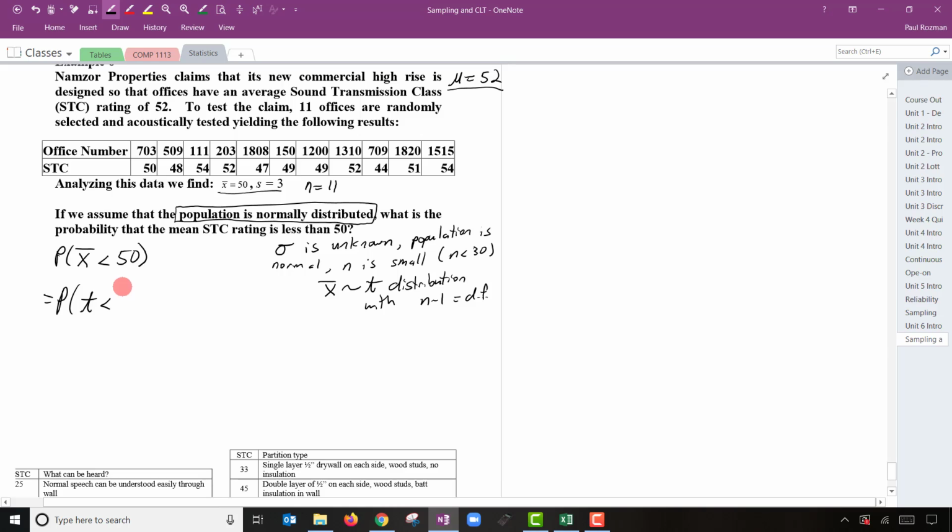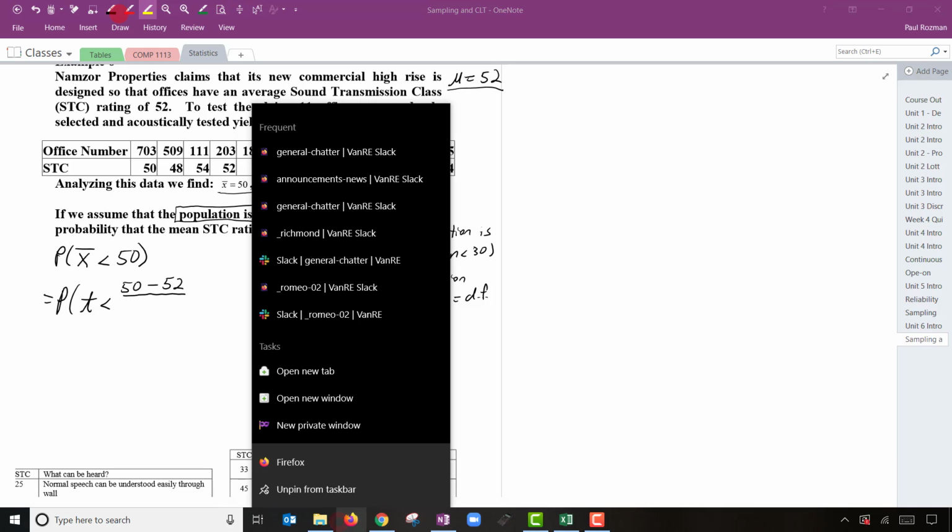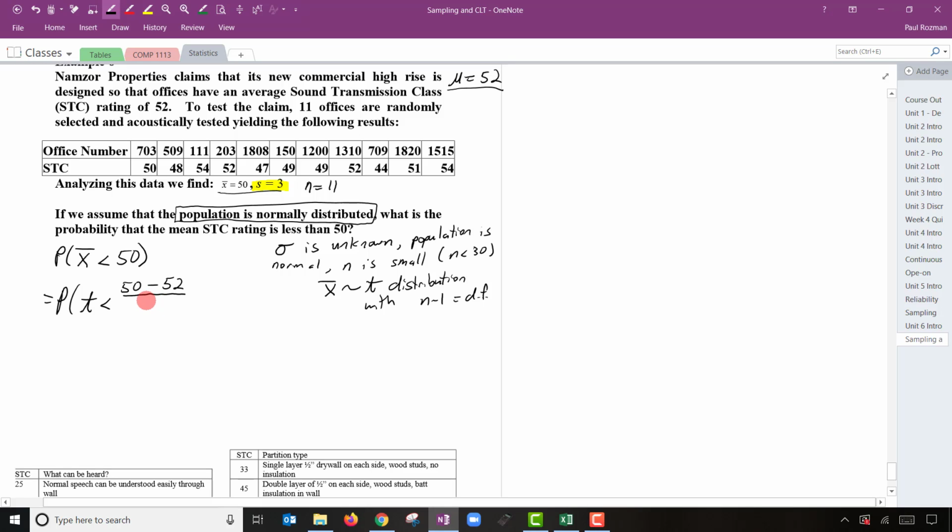So convert 50. So 50 minus mu for the population is 52. Sigma for the population is unknown, so we're going to replace it with the s. So we'll have 3 divided by the square root of 11.